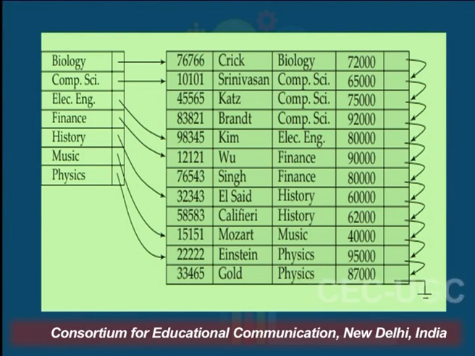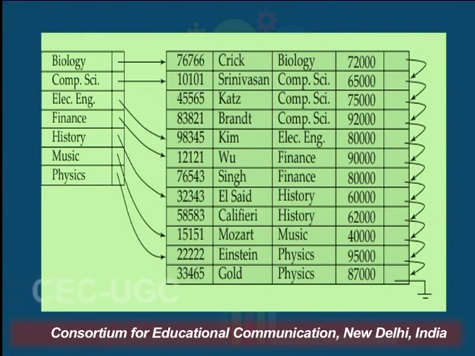It has a pointer to the record in biology, then a pointer to the first record in computer science, only the first one, because the rest will follow. Then we have one record pointing to electrical engineering. For the 2 records of finance we have only one pointer, for 2 of history one pointer, and for music, and for 2 of physics one pointer.